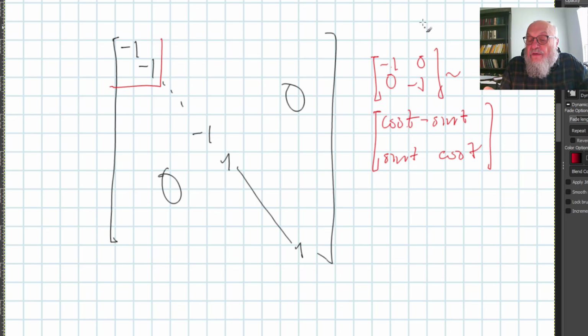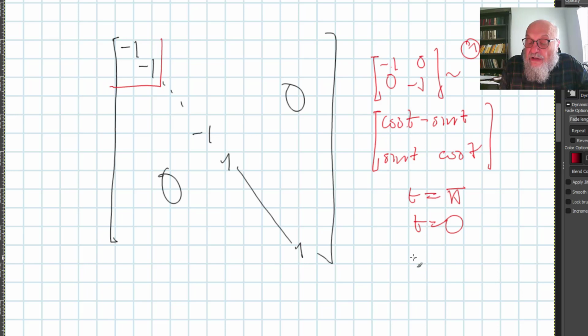So for t equals 0, I'm getting the identity matrix, and for t equals pi, you are getting the first matrix.